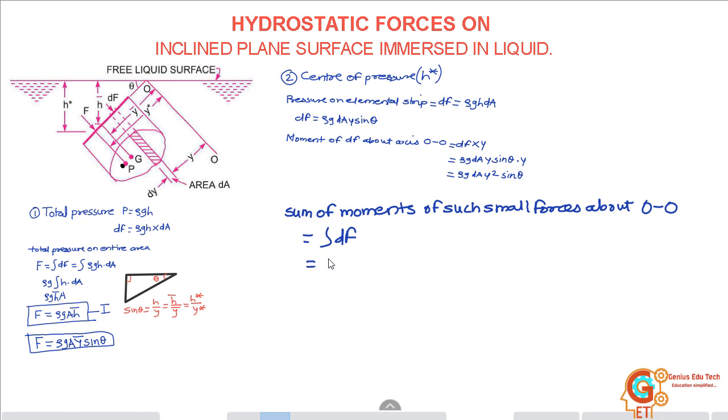Which is equal to rho g sine theta out of integration, as these are constant, integration of y square dA. As discussed in previous session, y square dA is nothing but second moment of area, that means moment of inertia, and which is given by I0.